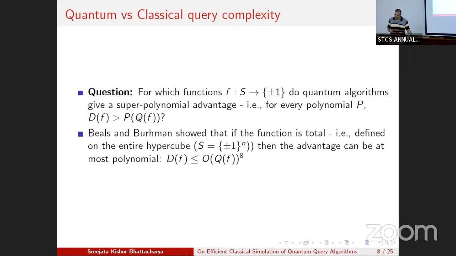Given any quantum query algorithm for that problem, we can simulate it classically with a polynomial overhead. Even this power 8 has been reduced further; I think currently it's 4 or something. But the point is, it's never super polynomial. So if the function is defined on the entire hypercube, there cannot be any super polynomial advantage.